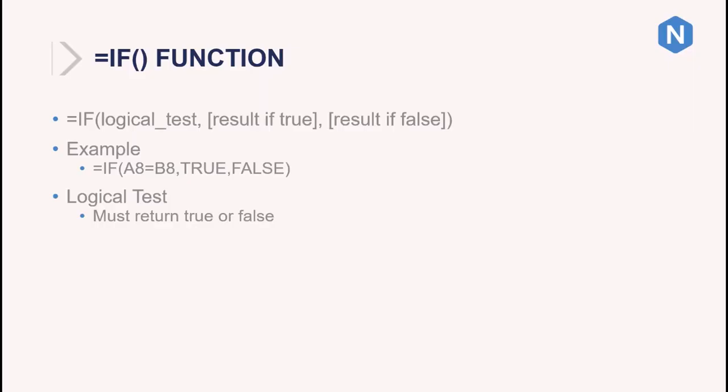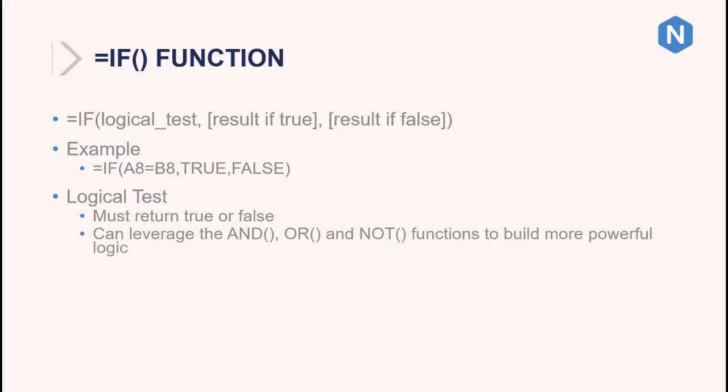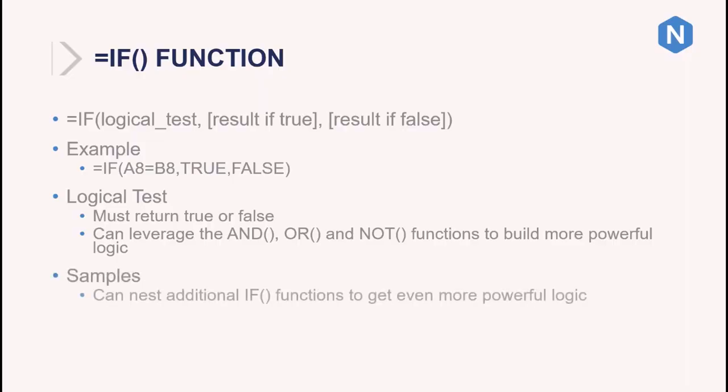It has to be an equality of some sort or a greater than or less than or not equal to kind of thing so that it can return a true statement or a false statement so that the if phrasing can do what it's supposed to do. You can absolutely leverage and, or, not functions to build much more powerful logic, okay? Got a couple of samples here.